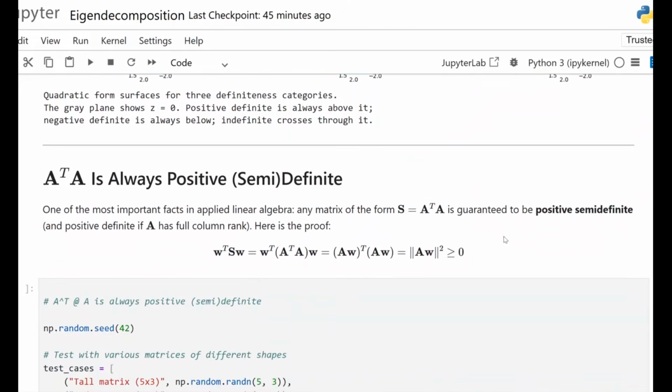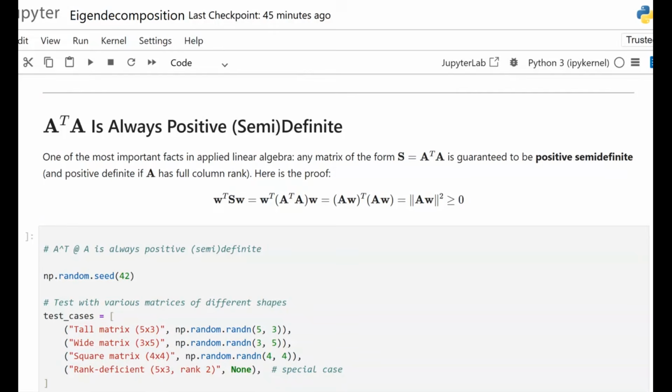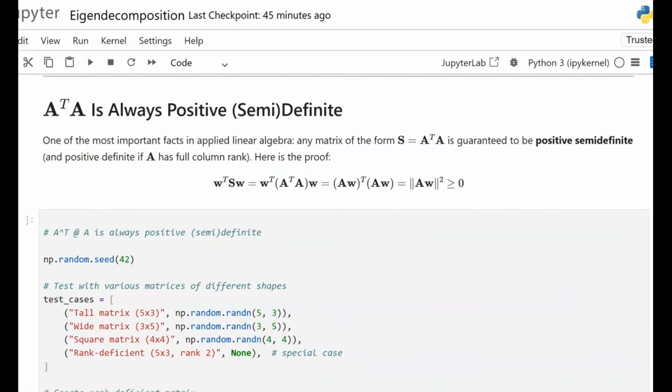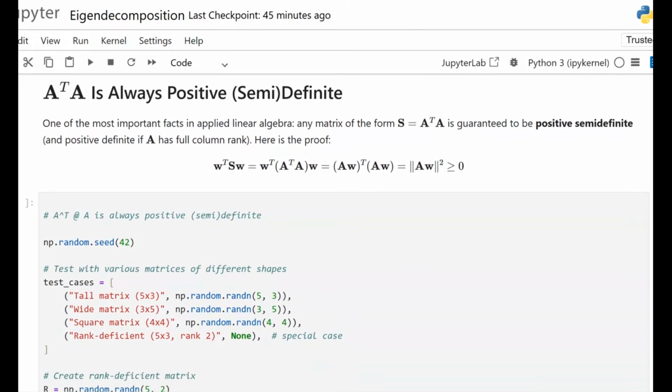And furthermore, here we have one thing, dear friends, that A transpose multiplied by A is always positive semi-definite. See, one of the most important facts in applied linear algebra is that any matrix of the form S equal to A transpose multiplied by A is guaranteed to be positive semi-definite, and of course positive definite also if A has full column rank.